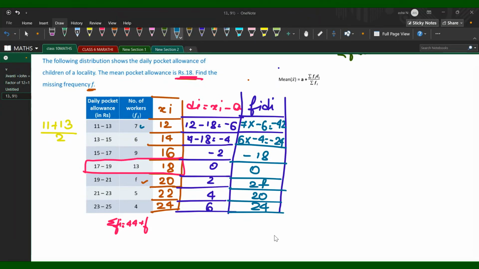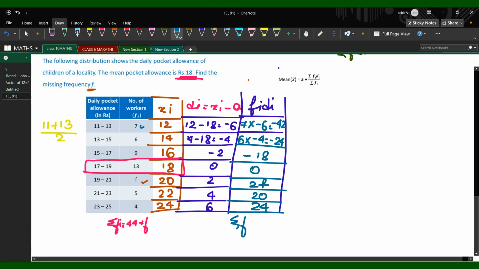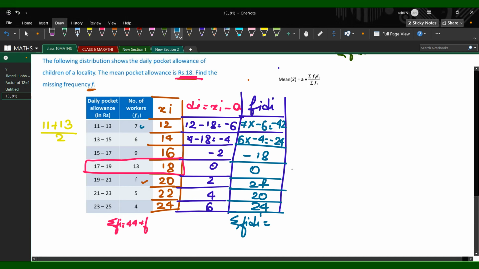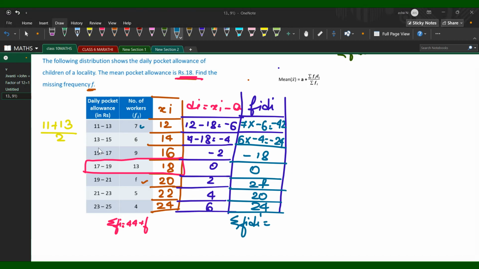Now we will find out the sum of fi di. Minus 42 minus 24 will give you minus 66.